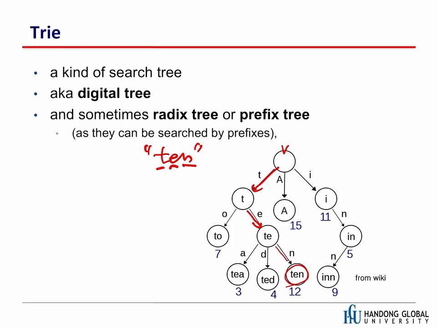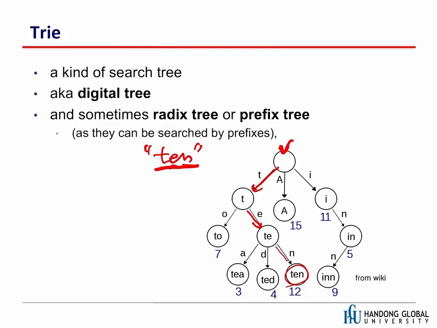In this trie tree, we follow the tree with the characters. But in the BST, we don't follow the characters. We have keys, and based on this key, from the root node, we compare our target key with the root node's key.